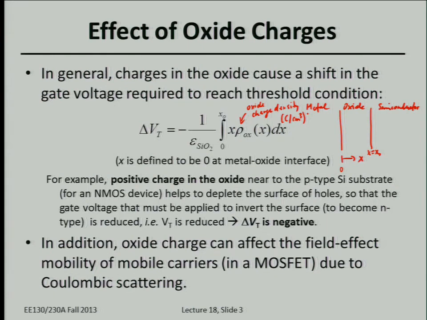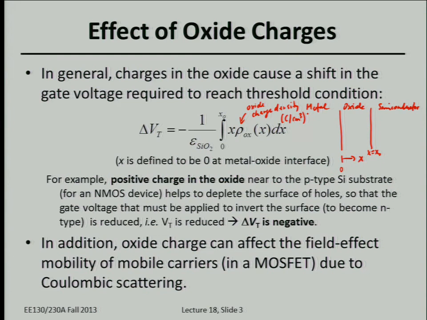It's the same case if you have an N-type semiconductor. If you have an N-type semiconductor, and let's say you again have positive charge somehow in the oxide, okay, now to invert the surface, you have to drive away the mobile majority carriers, electrons. So you leave behind positive ionized dopants.